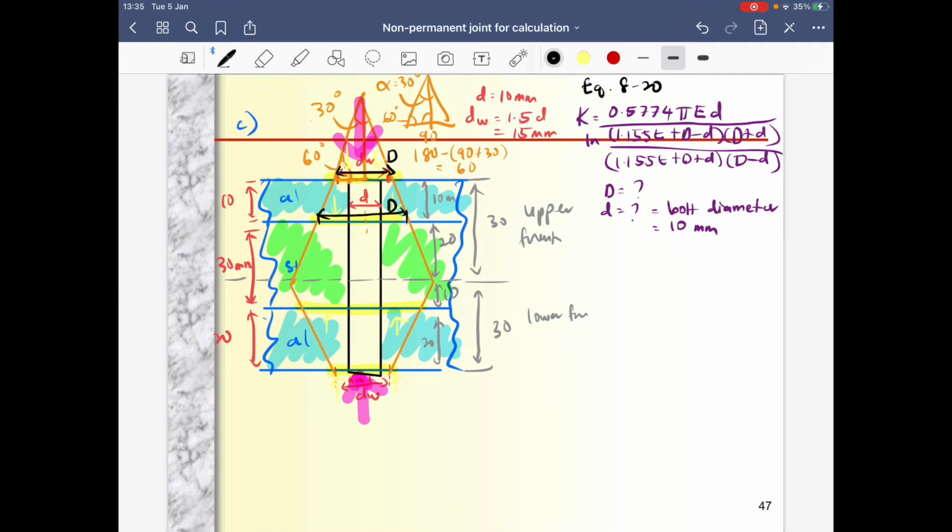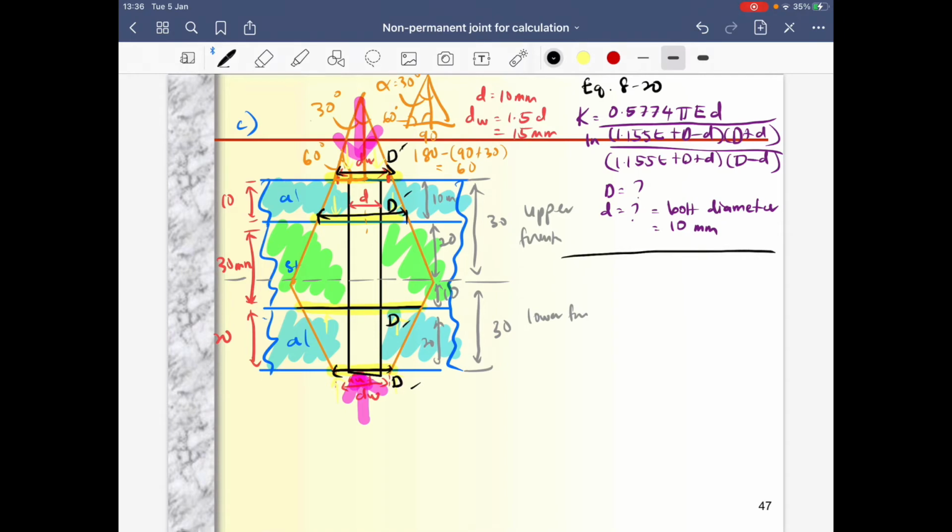For the lower frustum, where is the D? The first D is here, right? The second D is here. Okay, you get it? So we have to have at least 4 expressions or calculations: 1, 2, 3, 4. Meaning there are 4 K.